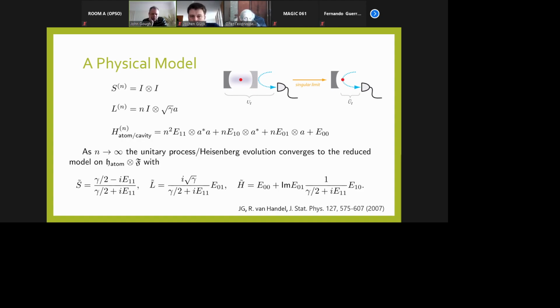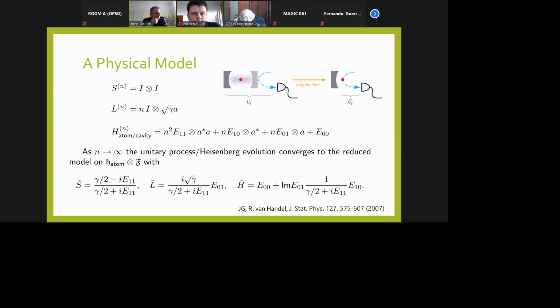So we had to assume enough so that the Dyson series would converge. We were able to show that you did get the convergence of the process and indeed the Heisenberg evolution to a reduced model where the cavity has basically been eliminated, effectively we're down into the ground state of the cavity all the time, but we still have an interaction between the atom and the environment.